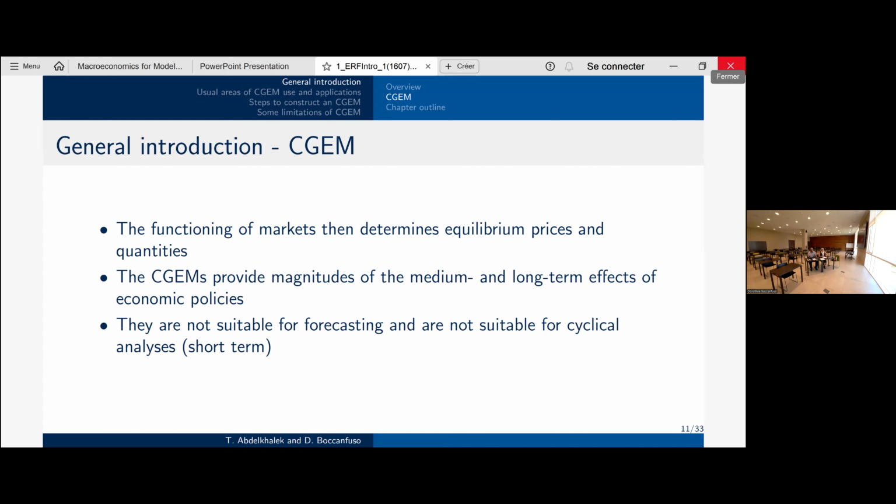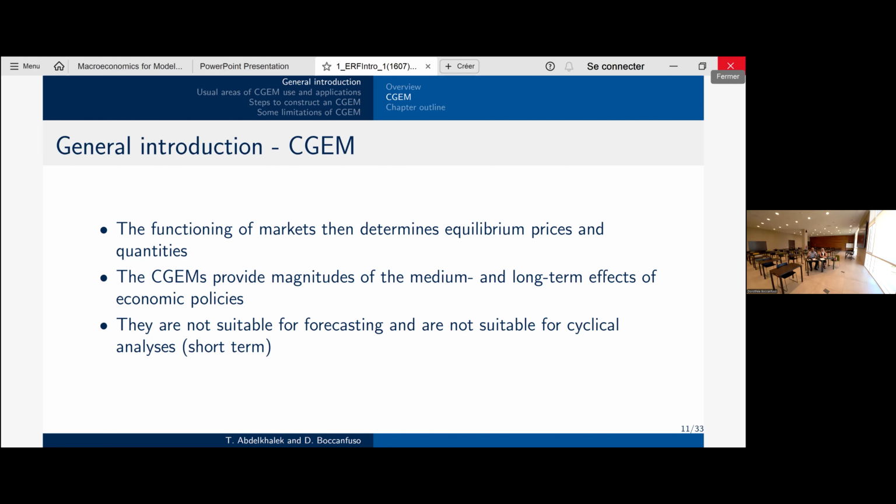Generally, a CGE model is not useful for conjunctural shocks. If you have to answer a question about a short-term situation, the CGE model cannot do forecasting. We see why, because generally with a CGE model, we can do simulation.